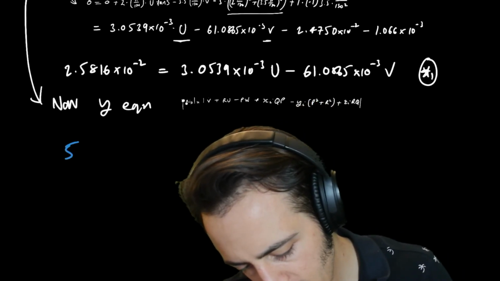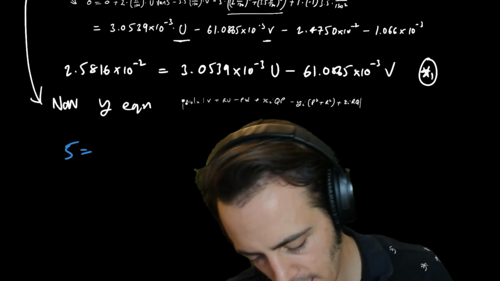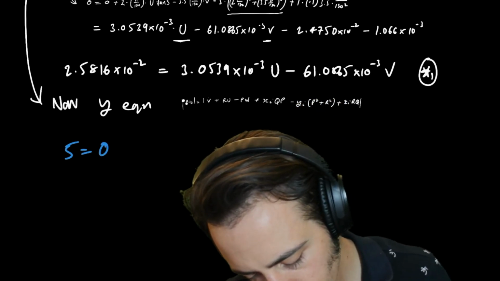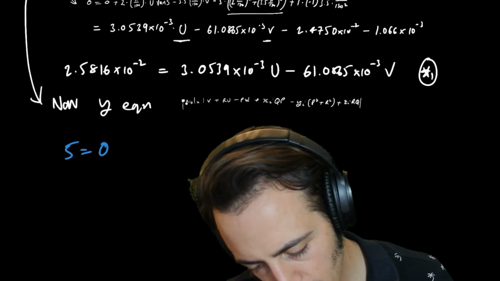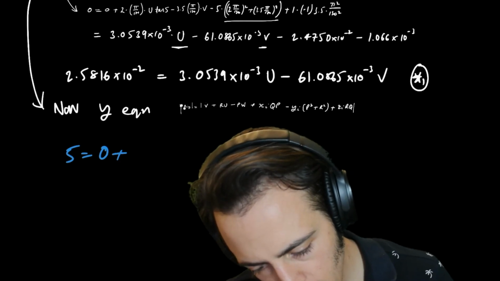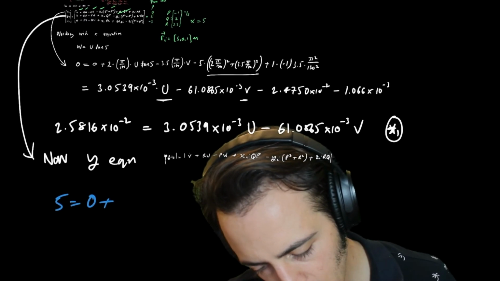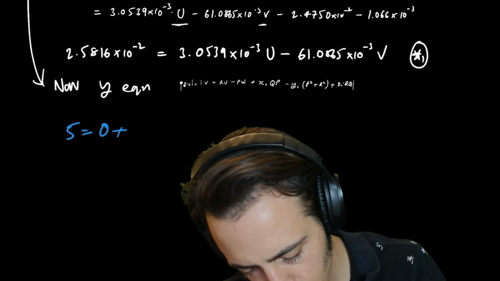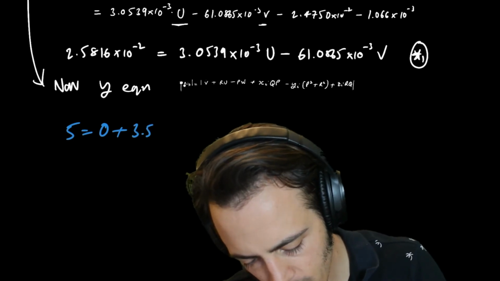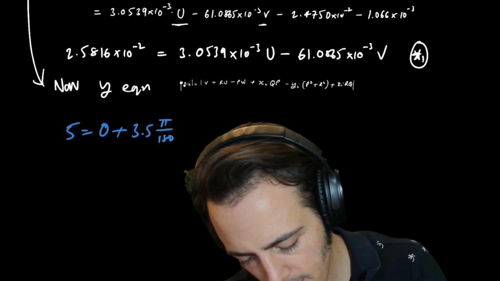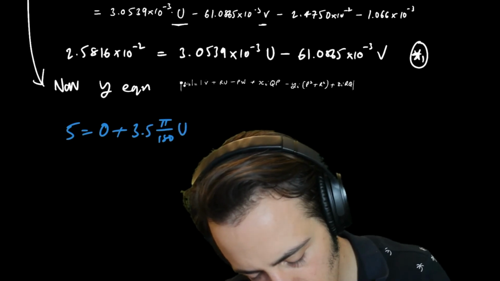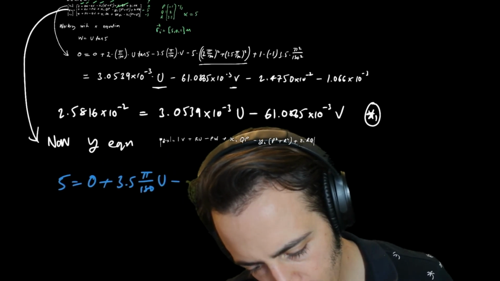So we've got 5 is equal to v dot, which we said is 0 because it's a steady maneuver, plus r multiplied by u. So r, the angular rate in yaw, is 3.5. So 3.5 multiplied by pi on 180 multiplied by u minus p. So that's the roll rate.